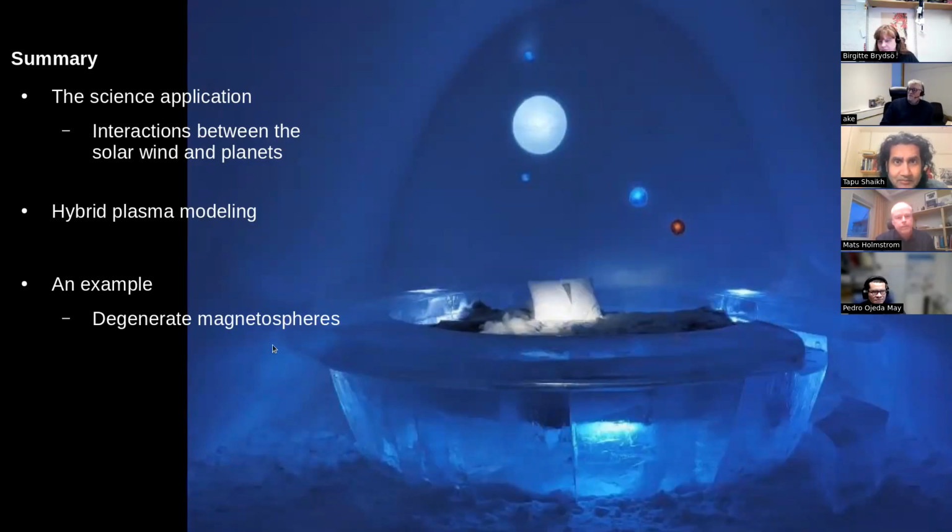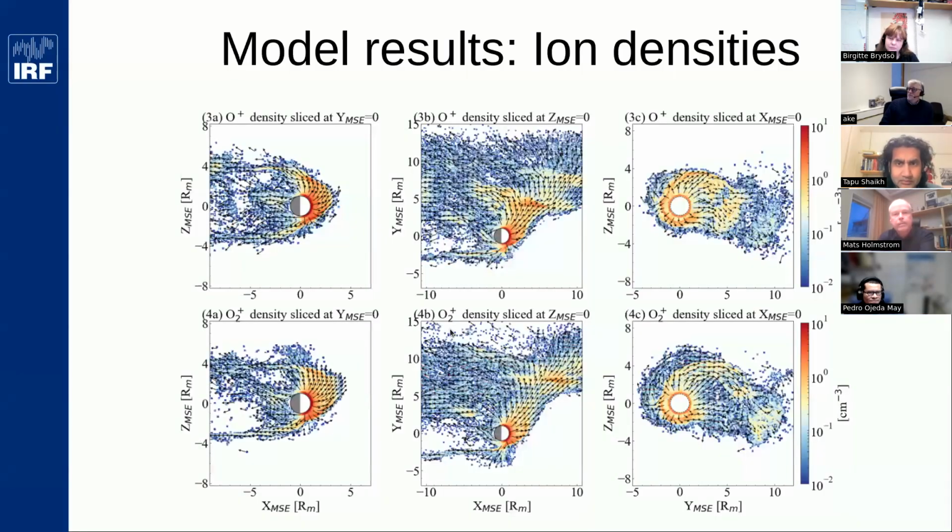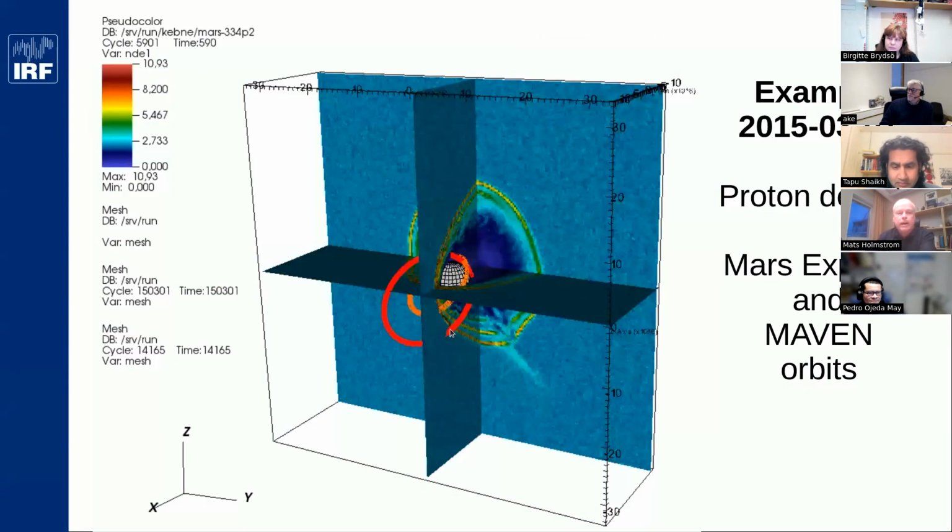I have one question. So you mentioned that you are in a steady state, so you are not including the turbulence. Yeah, so the thing is with these planetary interactions, they sort of never reach a real steady state.